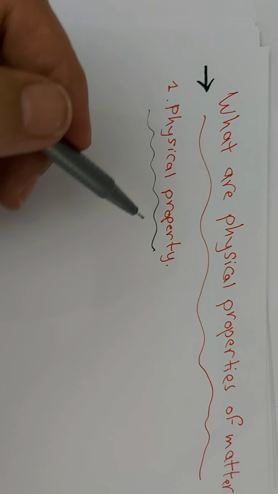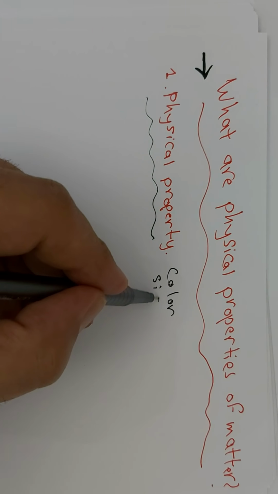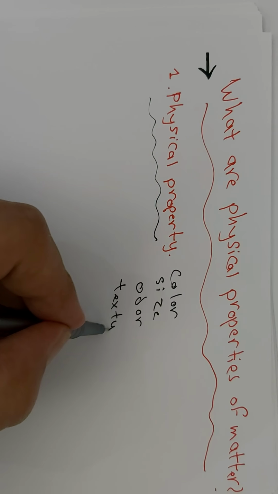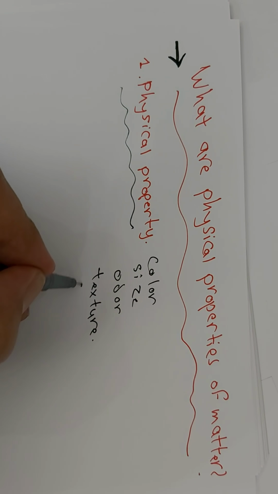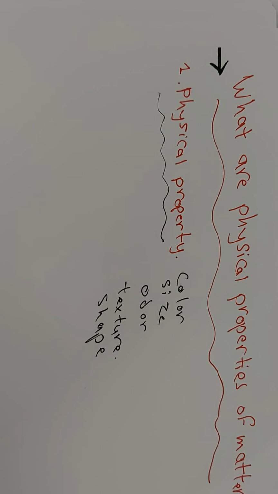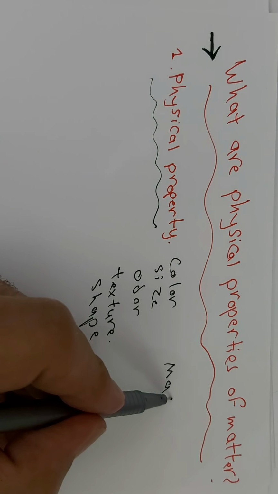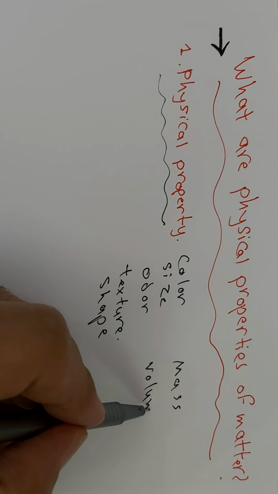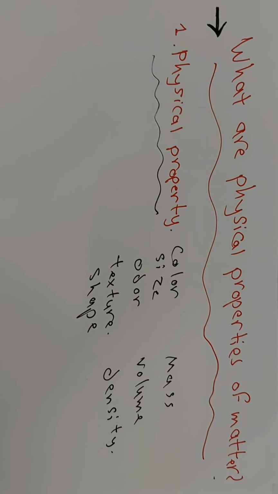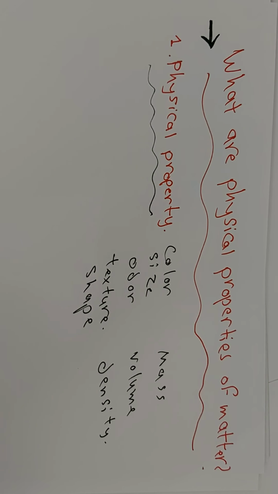We can observe it by using our senses, like color, size, odor, texture, and shape. Or we can measure it directly, like mass, volume, density, temperature, etc. So any property of matter we can observe or measure directly, we call a physical property.